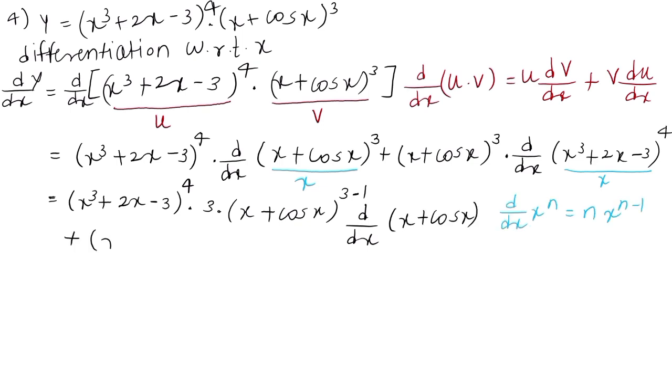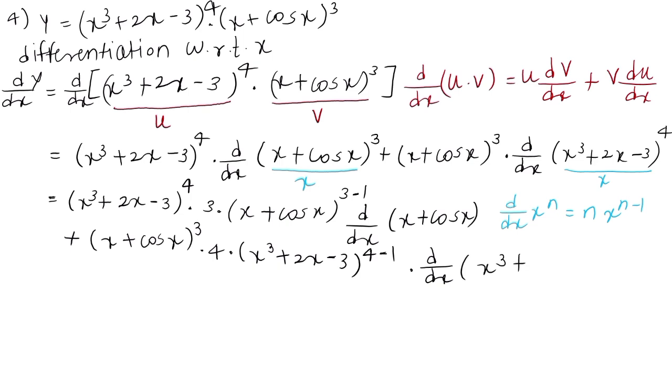Our next expression is as it is, that is (x plus cos x) bracket raised to 3, and differentiation of (x cube plus 2x minus 3) raised to 4 is, here n is 4, so 4 into entire expression, that is (x cube plus 2x minus 3) raised to 4 minus 1 into differentiation of x cube plus 2x minus 3.